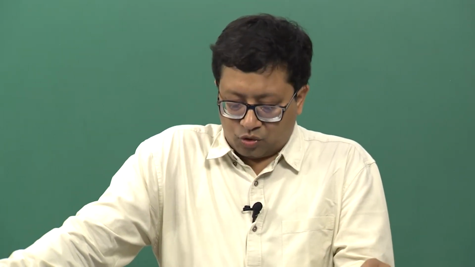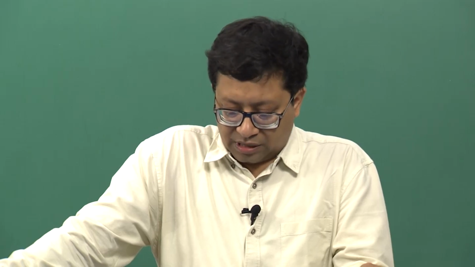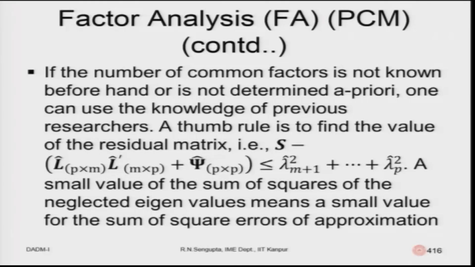So, they should technically be equal to the sum of the eigenvalue squares. A small value of the sum of the squares of the neglected eigenvalues means a small value for the sum of the squares of errors of approximation. So, obviously, depending on the problem, whether we are able to answer it or not will come out from that value.